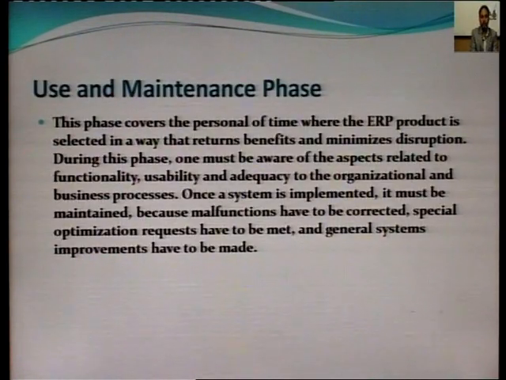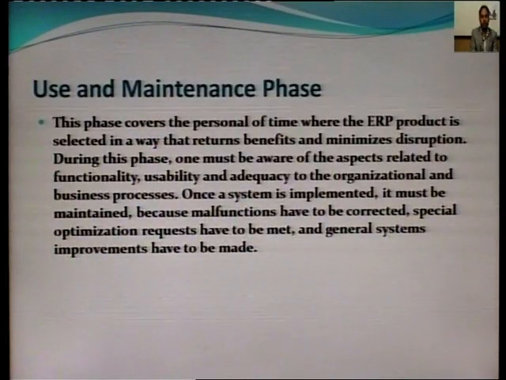This phase covers the period of time where the ERP product is selected in a way that returns benefits and minimizes disruption. During this phase, one must be aware of the aspects related to the functionality, usability, and adequacy to the organizational and business processes.